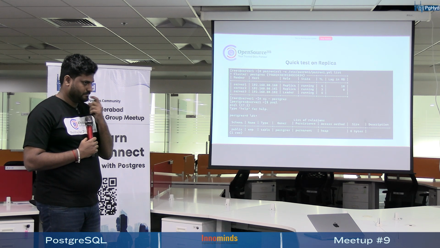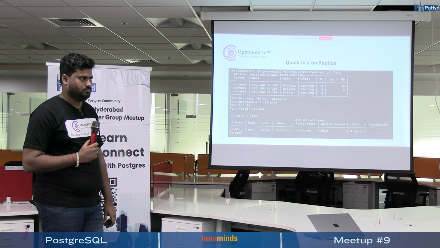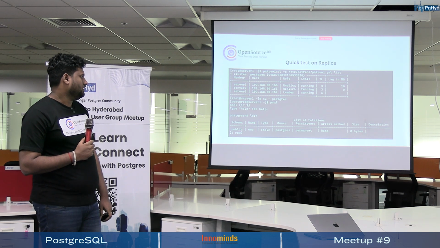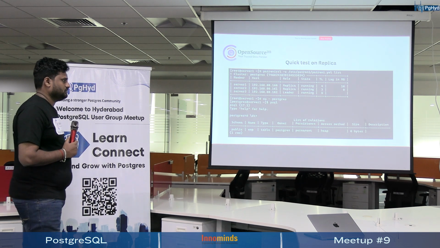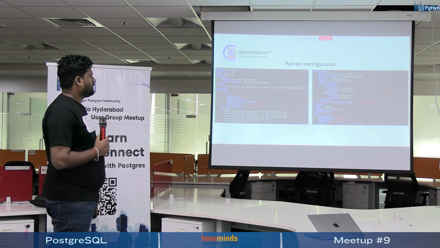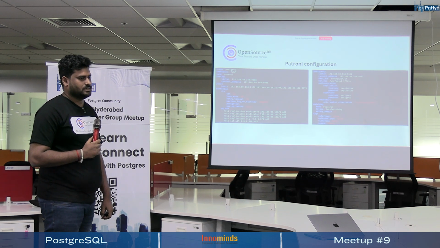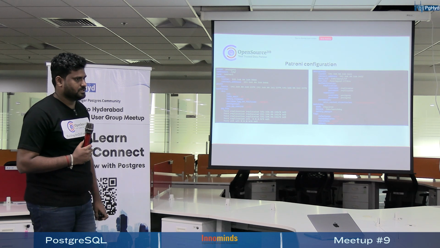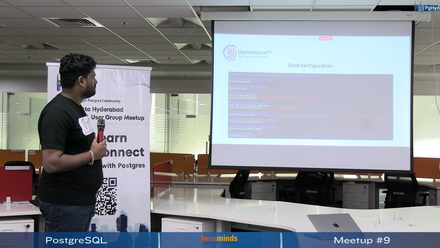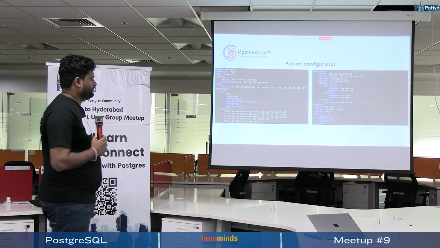So Patroni will take the leader's base backup and restore it on the first replica and the second replica. I don't want to make any changes in the configuration anywhere? There are a couple of changes for each node. Each node will have its own IP address, so you need to change the URLs and IP addresses here, and in ETCD you need to change them here. Those basic changes will be needed in the configurations.